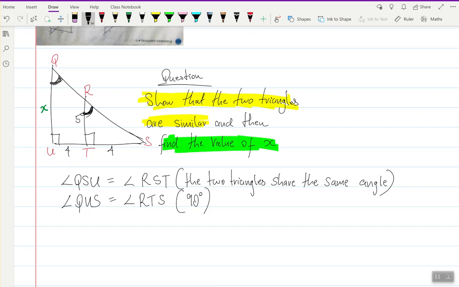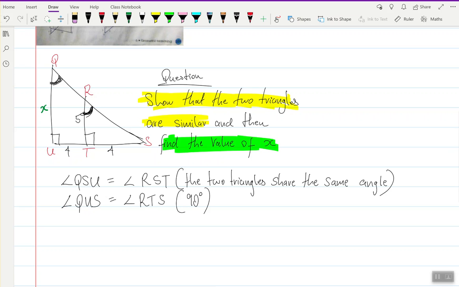Because if the right angle, that 90 degrees, is the same, and the one that they share is the same, that means the last one, angle UQS and TRS, should also be the same. Because the angles in a triangle add up to 180. Does that make sense?